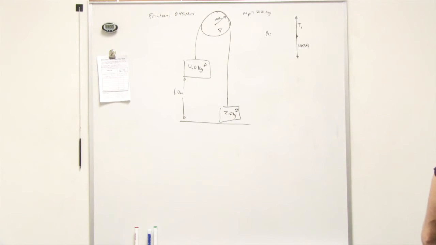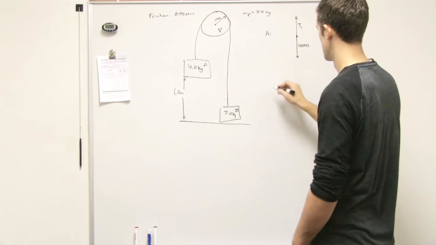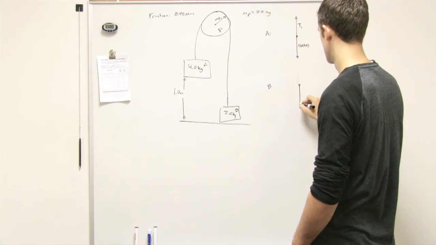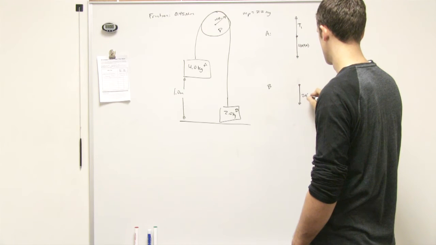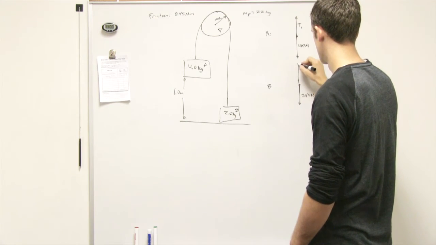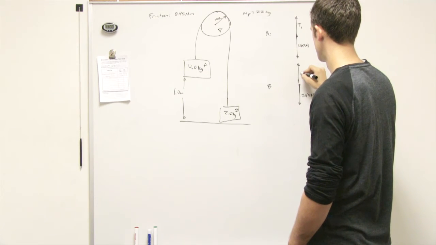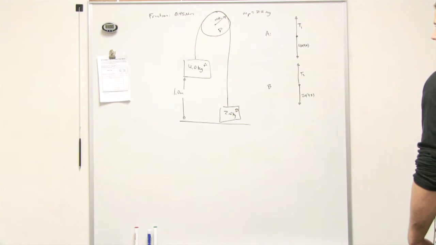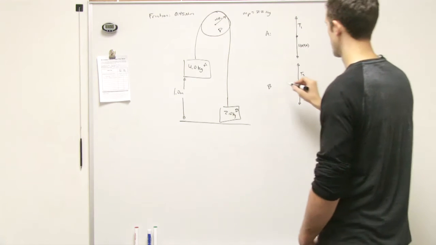And then box B has gravity at 2 times 9.8, and that has a tension. Okay. P.